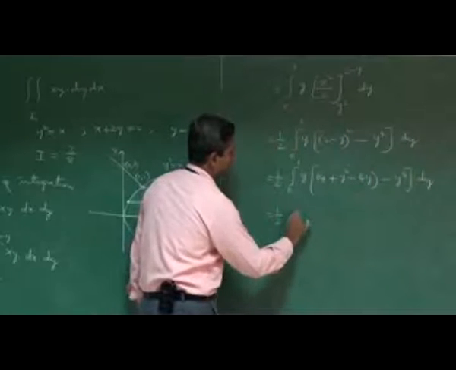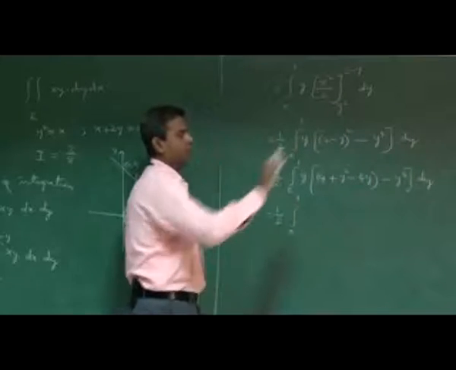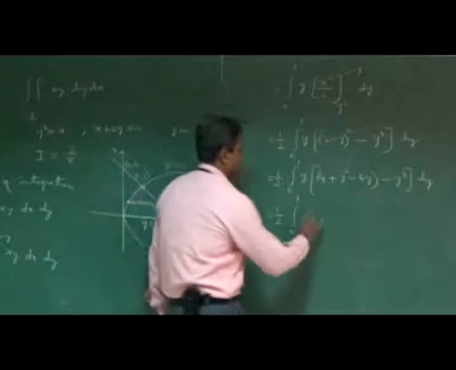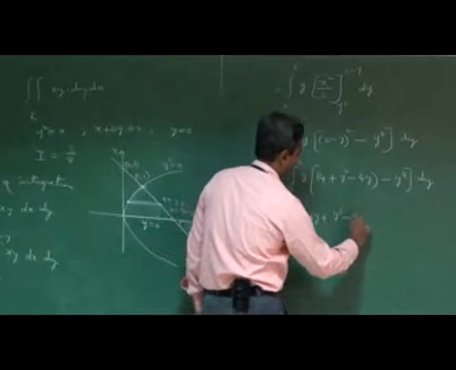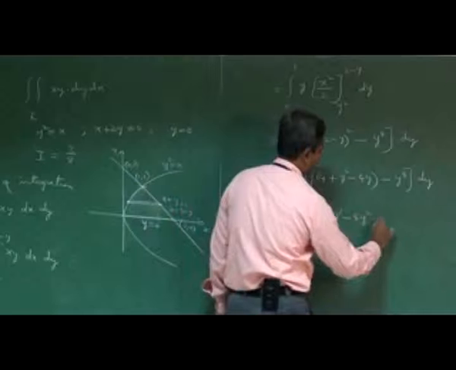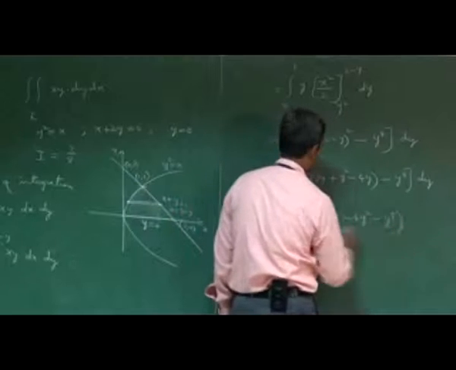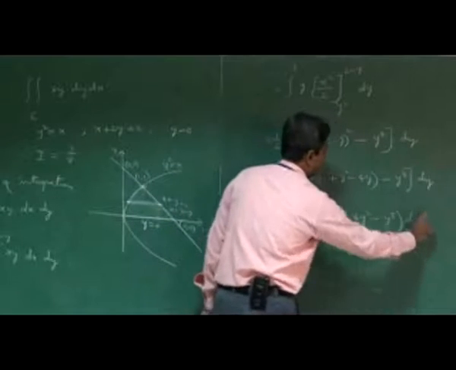That is equal to 1 by 2 times the integral from 0 to 1. Multiplying with y, we get 4y plus y cube minus 4y squared minus y to the power of 5, dy.